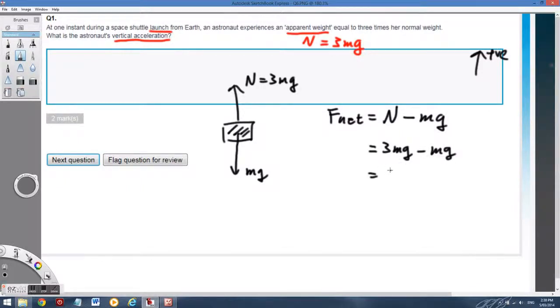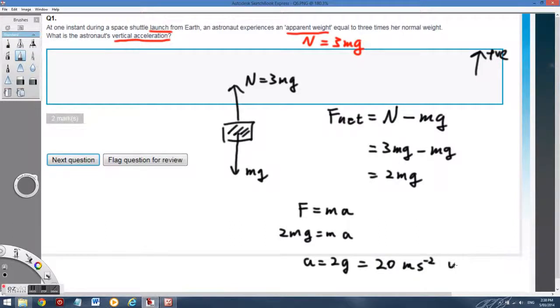The net force will be 2mg. So F equals ma, 2mg equals ma, my acceleration will be 2g, which is 20 meters per second squared up.